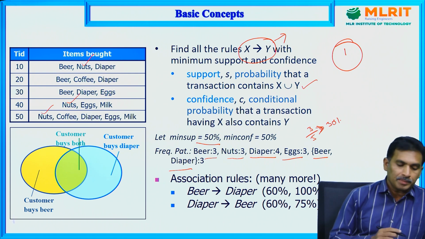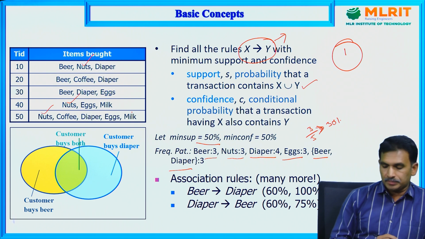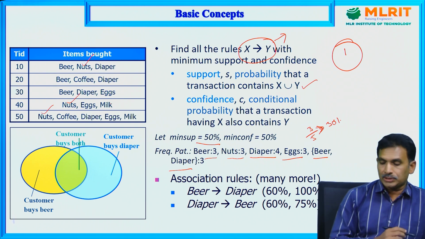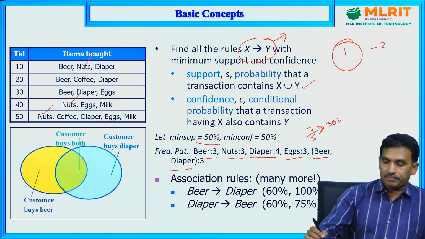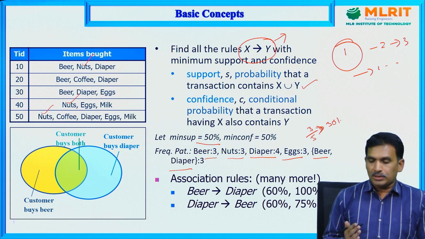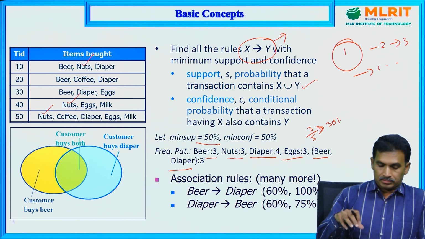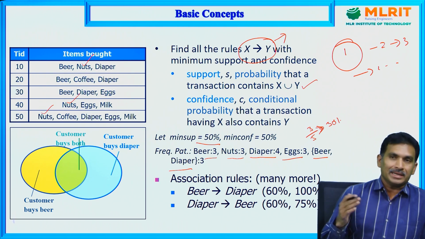Then the beer, nuts, all the items would be eligible as frequent item sets. If we increase this to 2, 3, 4, 5 and so on, as the support value keeps increasing, the number of item sets qualifying the condition decreases.